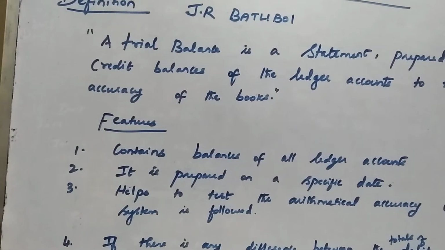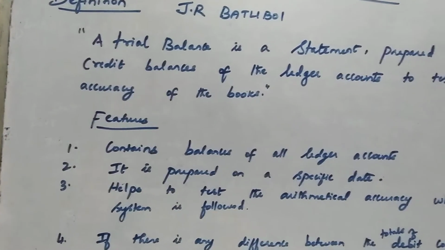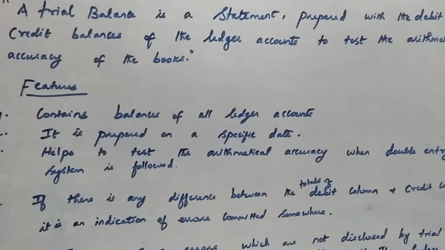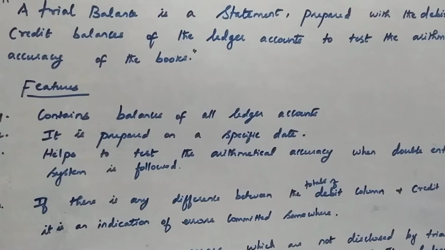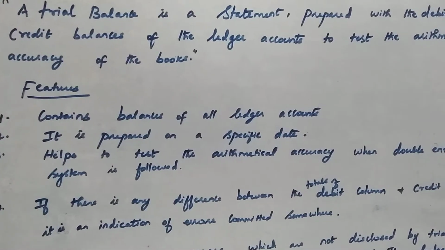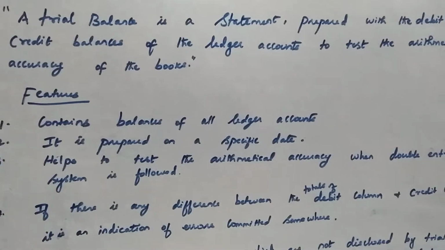Why do we prepare this? In order to test the arithmetical accuracy of the books. It helps to test the arithmetical accuracy when the double entry system is followed. As per the double entry system, for every debit there will be an equal and corresponding credit, and vice versa.